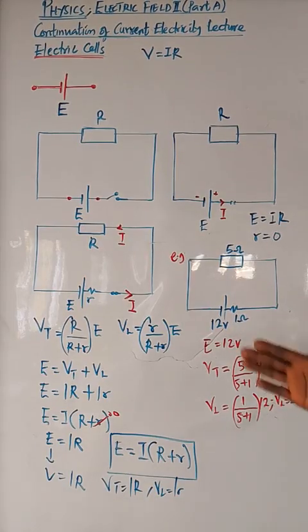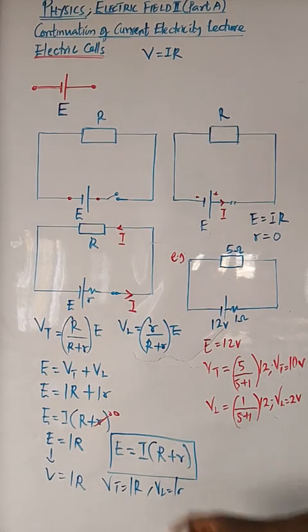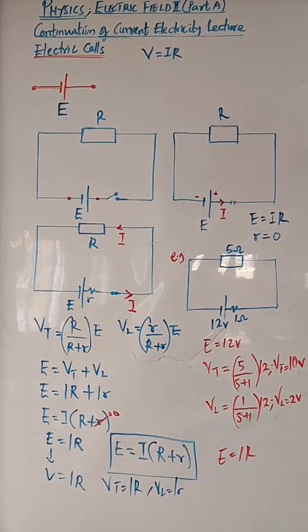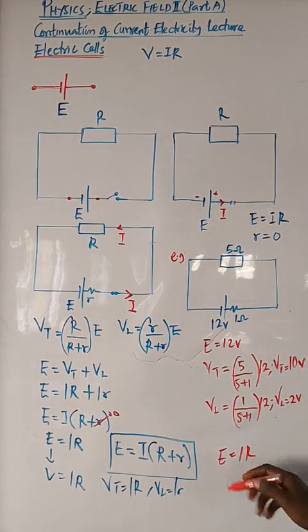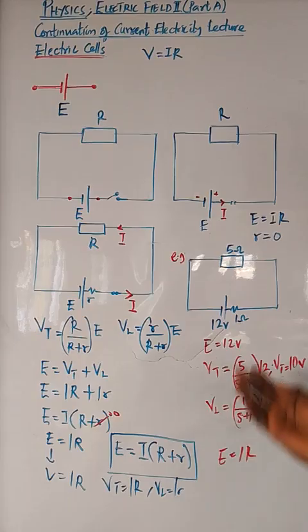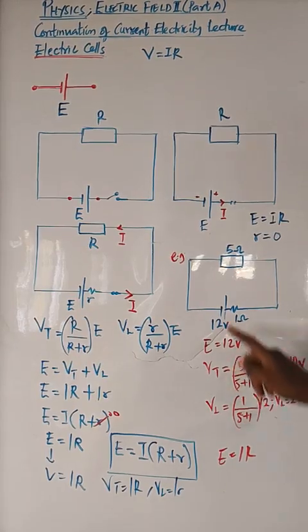But if you are told to neglect the internal resistance, then E equals IR straight, and what will be supplied to this one is just IR. So we need to get I first, since you are not given I in this question. How do you get I? Oh no, we don't need to do that, because if there is no internal resistance, all the 12 volts will be for this.